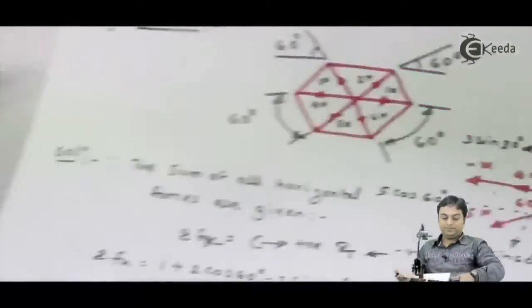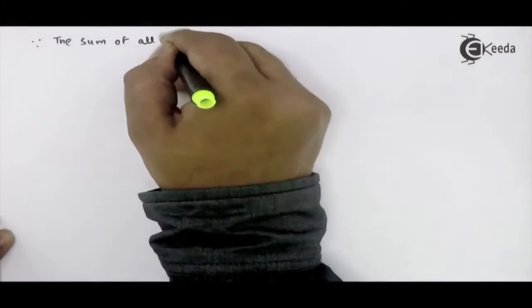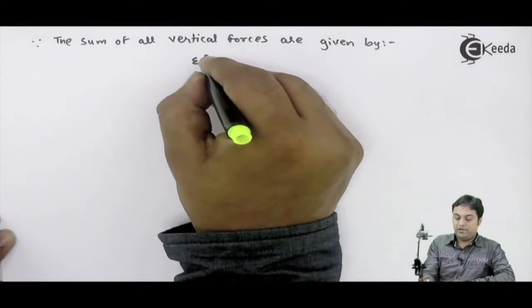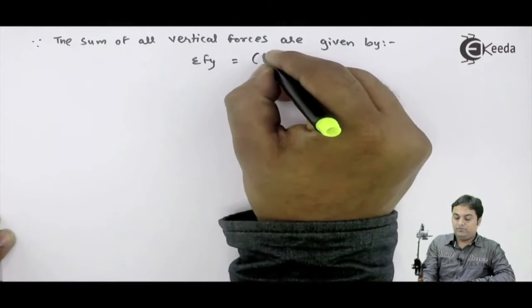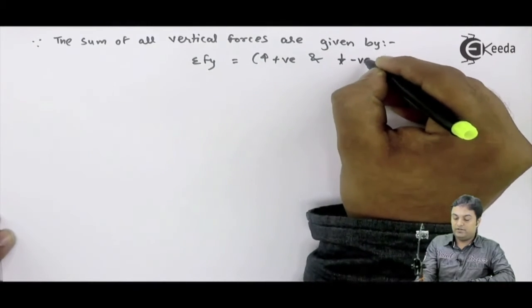After that, for summation of Fy, upward forces are positive and downward forces are negative.